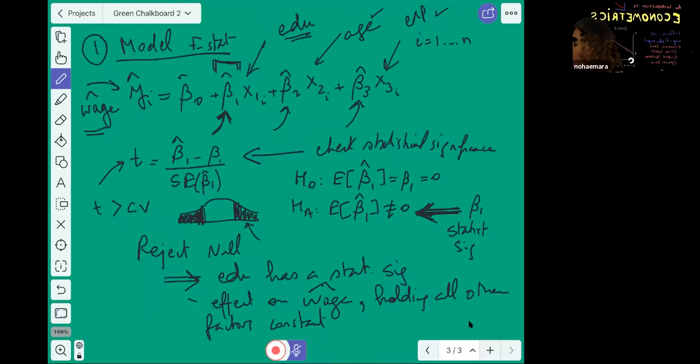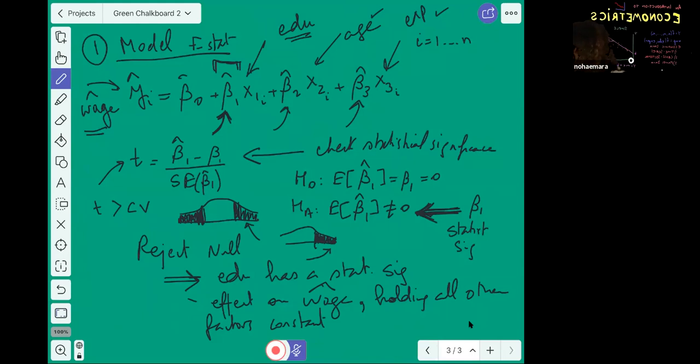But with this type of relationship, you're almost sure that it's positive. So you can always just perform a one-sided positive, one-tail test. And again, you're looking at this shaded region so that you can reject the null and conclude that the effect of education on wages is statistically significant, holding age and experience.